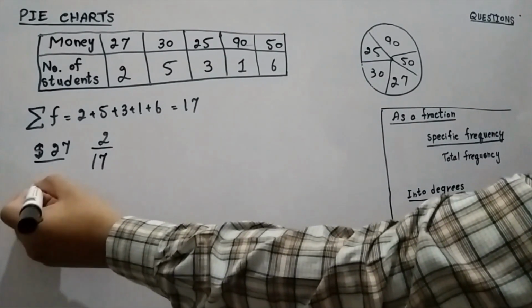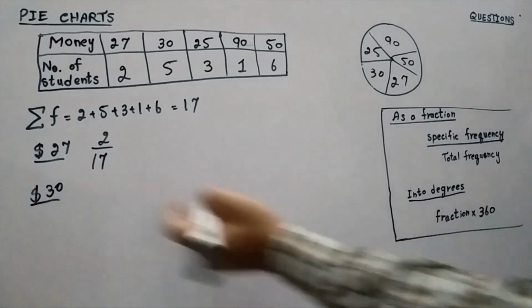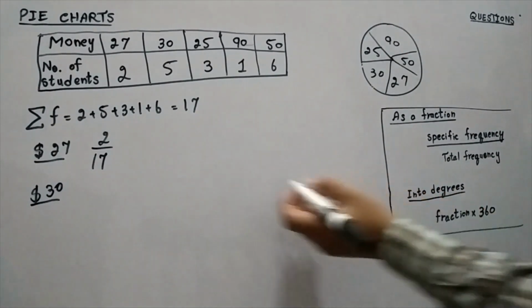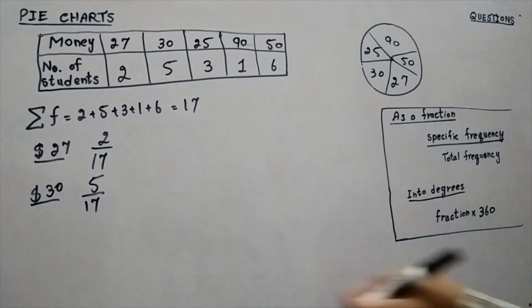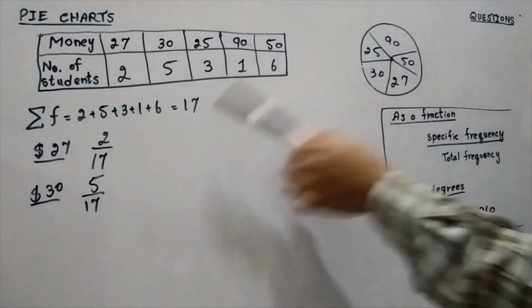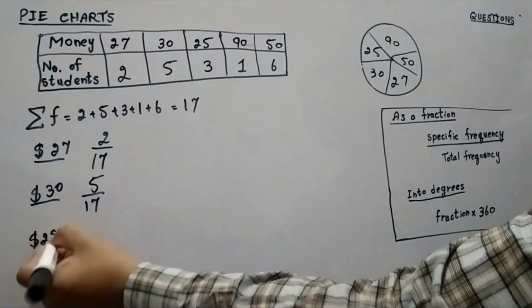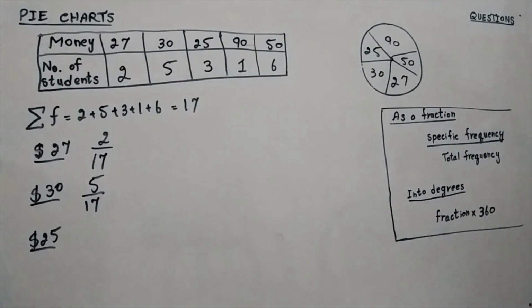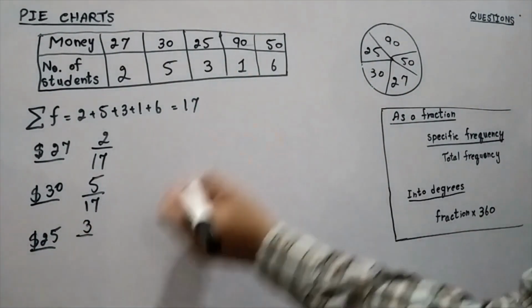Now we will find the fraction for this category for $30. So we will write 5 here and 17 here, because the specific frequency is 5 and the total frequency is 17. Now we will do the same thing for $25. Here frequency is 3, so I will write 3 over 17.